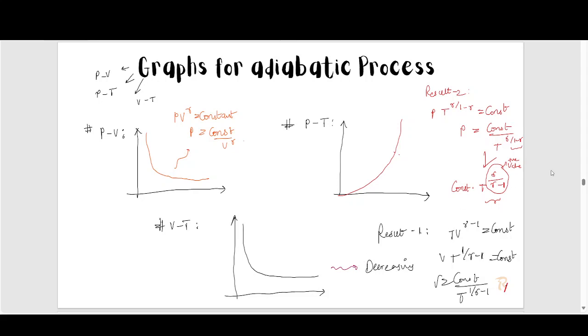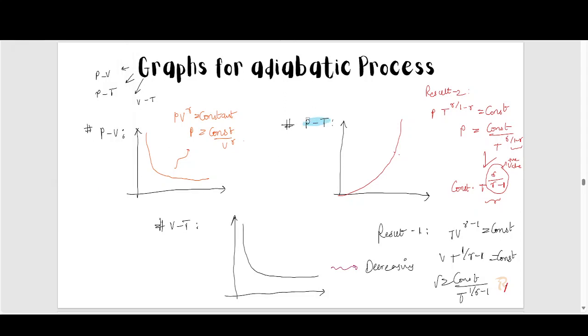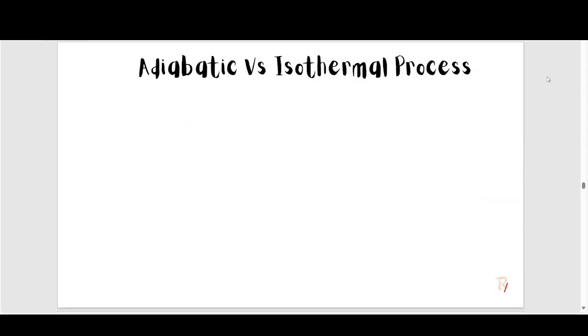Okay, these are the three graphs to be seen very well. Let me tell the different results of graphs of adiabatic and isothermal process.